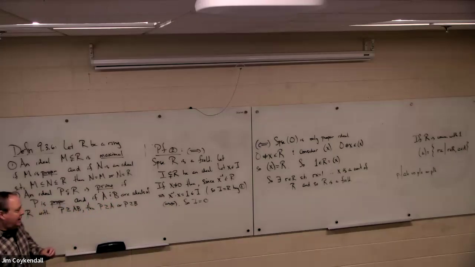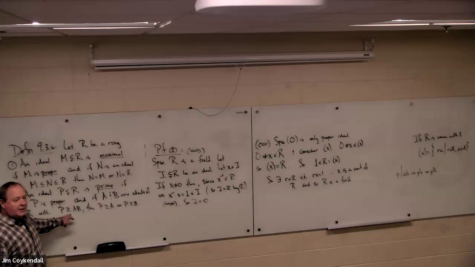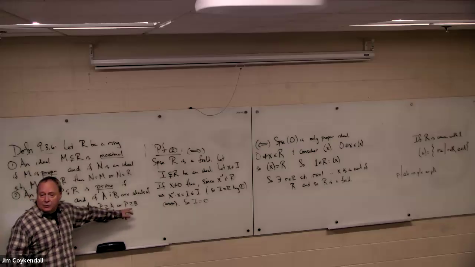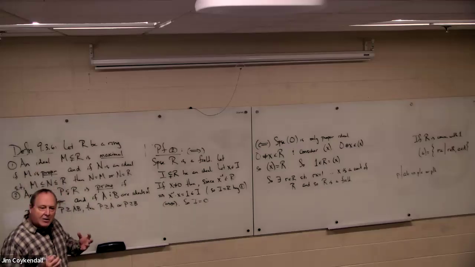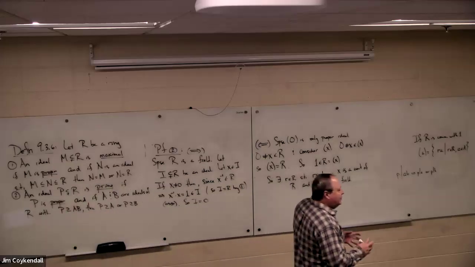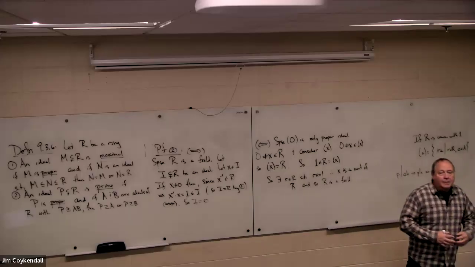Notice the similarity: that one says P divides AB, this says P contains AB. P divides A or P divides B means P contains A or P contains B. The notion of containment in ideals is very closely related to the notion of divisibility in elements.